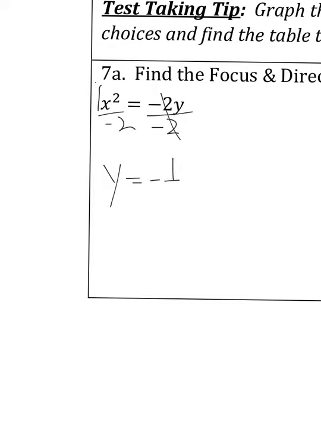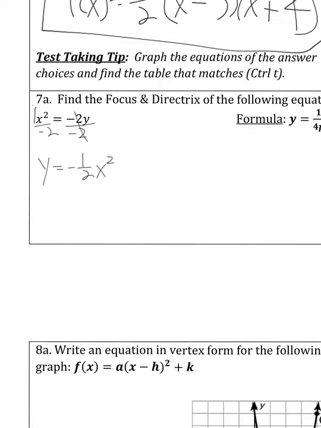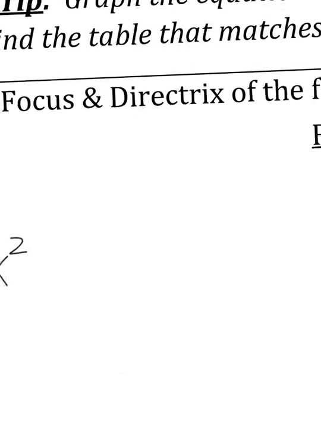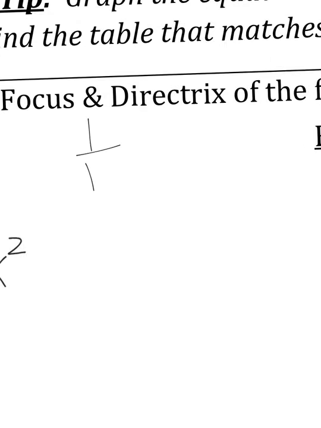So I'm just going to write negative 1 over 2x squared. Okay, and so the importance of that was to get it in y equals, and so we go 1 over 4p equals negative 1 over 2. We do like a proportion. And then since it's a negative fraction, just pick one of the numbers to be negative. So I'll just pick the top one.